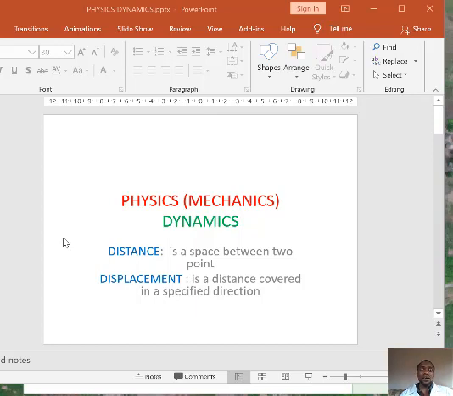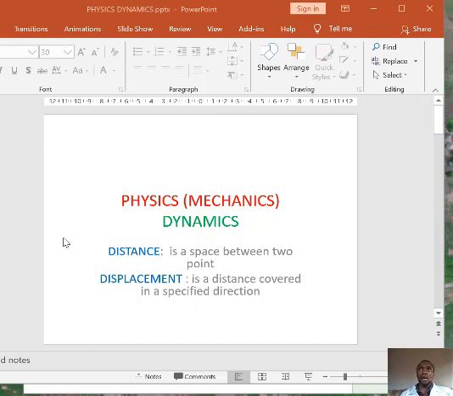For instance, if you are moving from Lagos to a place in Abuja, let's say Kubwa, and you just inform the person that going to Kubwa from Zuba is just 10 kilometers.